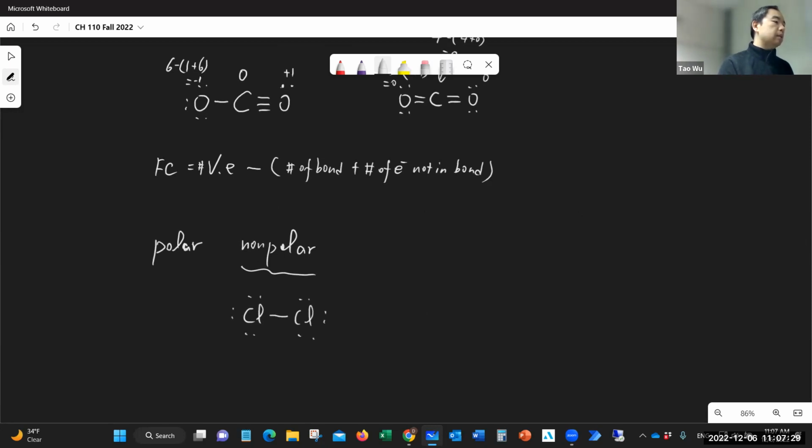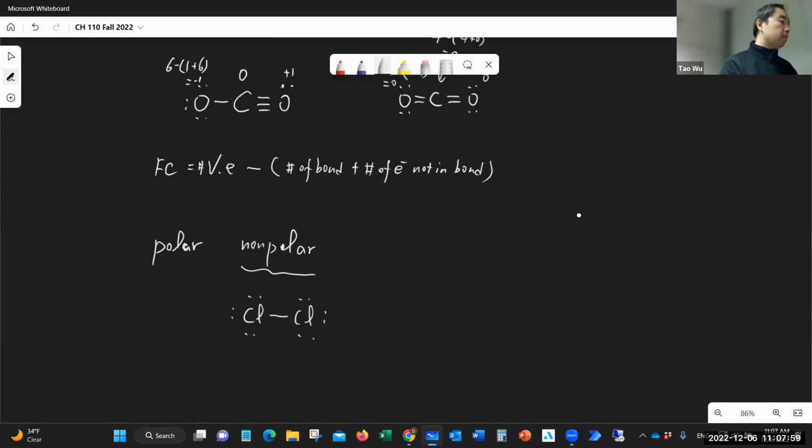A non-polar bond means the electrons in the middle are not moving to any side. They're just right in the middle because on both sides they are identical atoms, so the electronegativity power on those two atoms is exactly the same. So the shared electrons are not going anywhere.